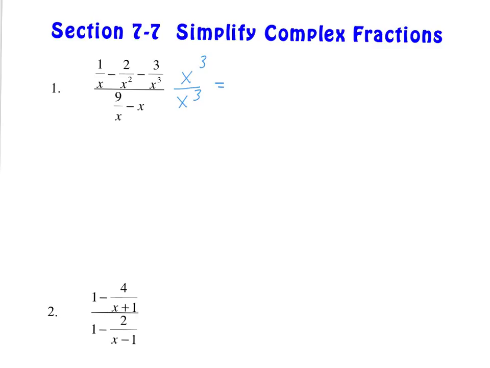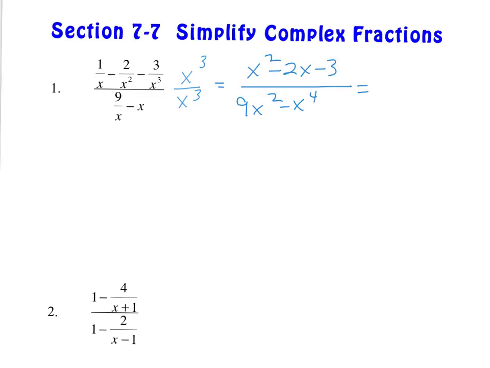And I'm going to come up with x squared minus 2x minus 3 on the top. And I'm going to divide that by 9x squared minus x to the fourth. Well, that is a much simpler fraction to deal with. And now I know how to handle a fraction like that, because it's simply a matter of factoring.